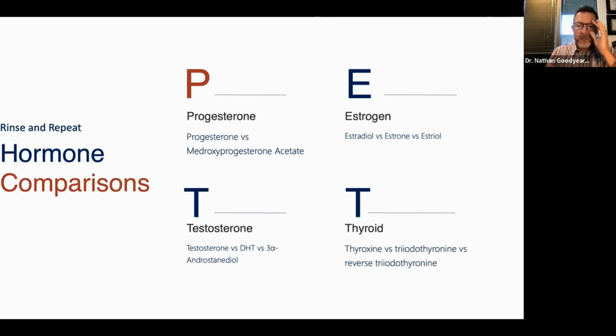Finally, thyroid. Everybody focuses on T4, levothyroxine, Synthroid. This is the hormone that's most dominant in terms of production from the thyroid, but T3 is the most potent. You're taking off an iodine molecule here. T4 has 4 iodines, T3 has 3, yet one's more powerful because it has less iodine. And then reverse T3 is just the mirror image of T3, and it is inactive.